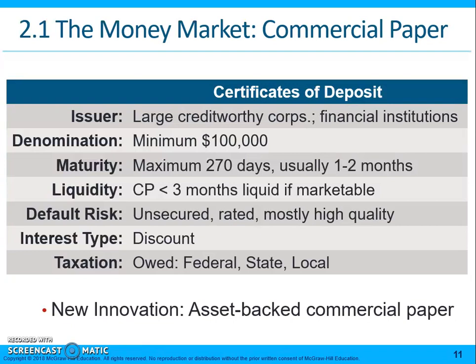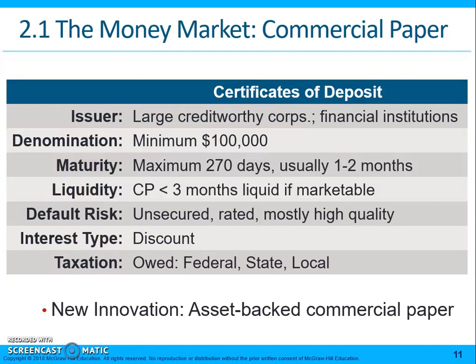The commercial paper is issued at a discount, like treasury bills, meaning that it will mature to its face value. You pay a price less than the face value when you purchase it, and it is taxable at the federal, state, and local level.